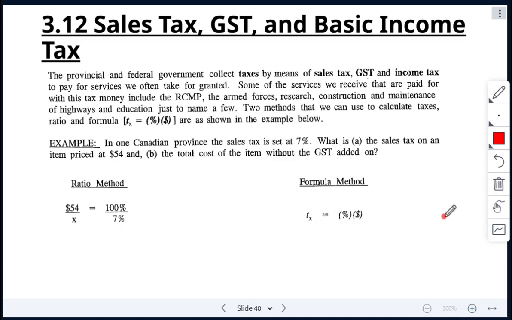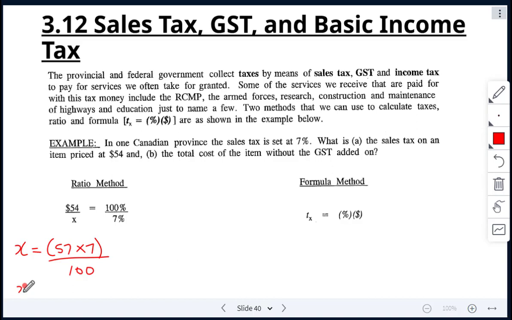All right, so we'll look at our ratio method, which is set up here. $54 is the 100%. What would be the amount for 7%? You can use the cross multiplication method here to solve for x. So 54 times 7, and then we'll divide by 100.